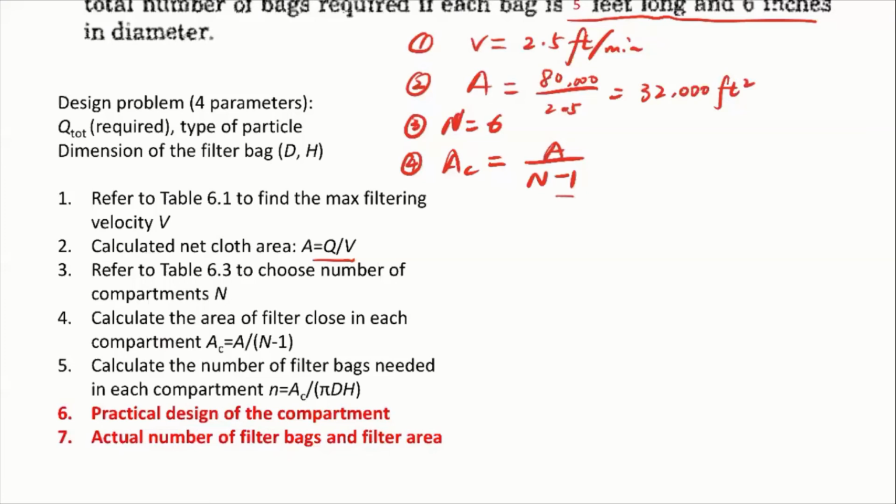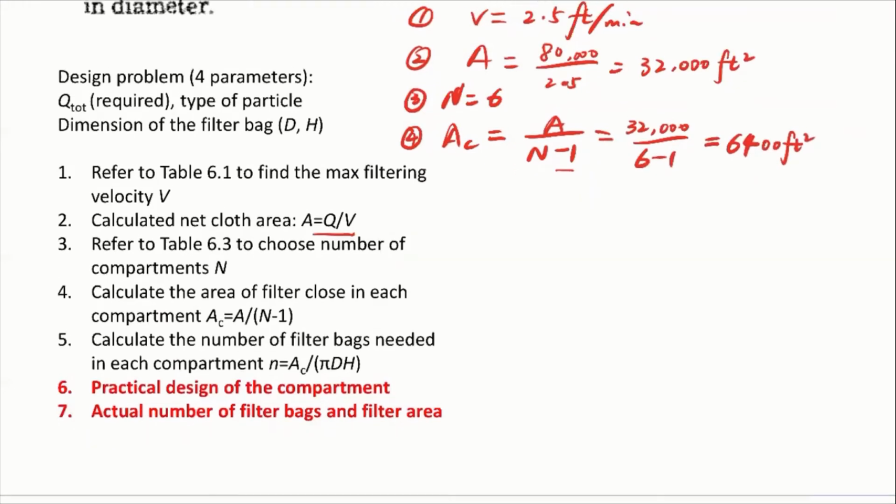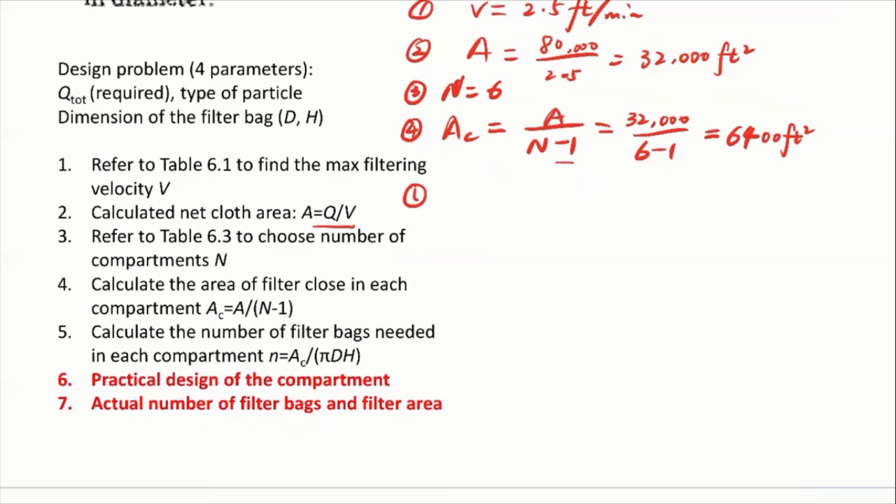Minus 1 again means that we have to consider the situation where one of the compartments is offline, right? So if it's offline, we can find out that 36,000 divided by 6 minus 1, that's 6,400 square foot. Okay. So then we can calculate the number of the filter bags in each compartment.